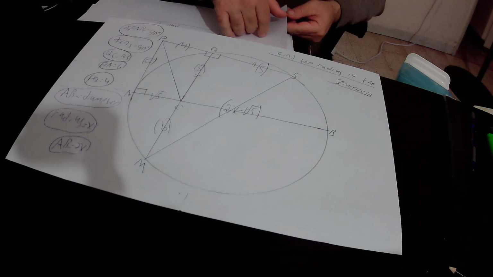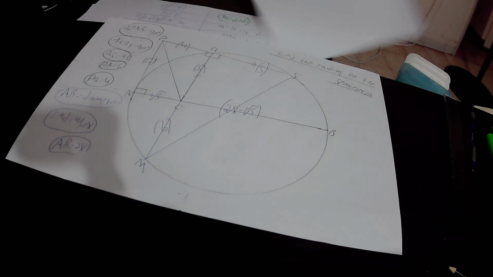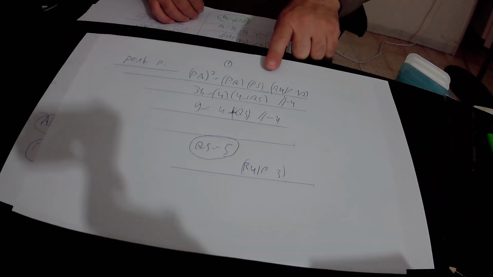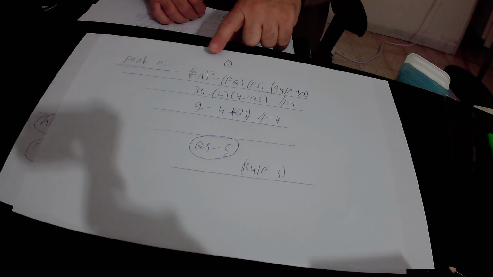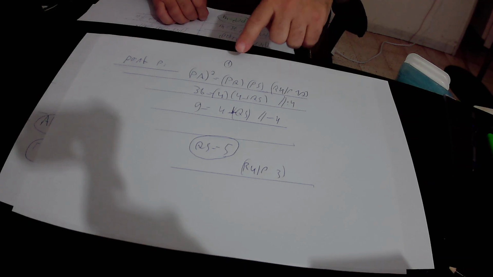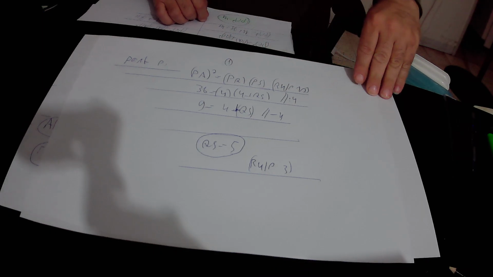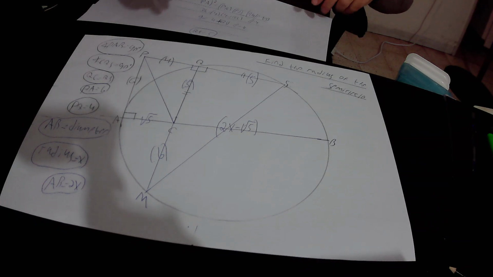Again, according to rule number 10, PA square equals PQ times PS. PA is 6, therefore PA square is 6 squared, that is 36. And it equals PQ, that is 4, times PS. What is the length of PS?